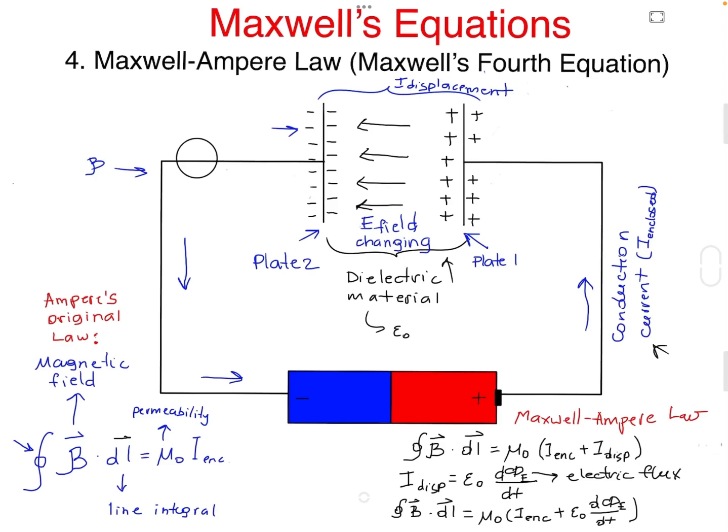But at the same time, the magnetic field will also be created by the change of electric field. Not just the electric field, but the change of electric field within this capacitor, making the law universally consistent and laying the foundation for understanding electromagnetic waves.